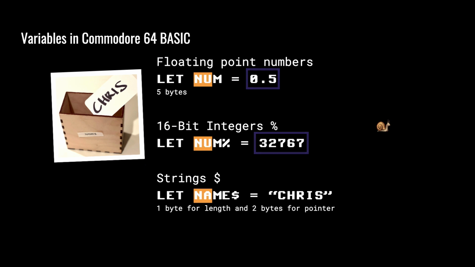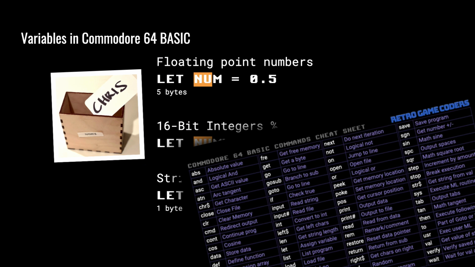It's a 16-bit integer. Another interesting thing about Commodore 64 BASIC is the variables are only unique by the first 2 characters of the variable name. So you can have longer names, but they're only unique because of the first 2 characters, unless they've got a different symbol. So the same name using num or num% symbol to say it's an integer can actually be used as a unique variable. Another restriction is you cannot use the name of any built-in BASIC command.